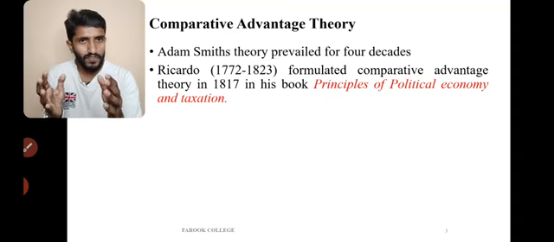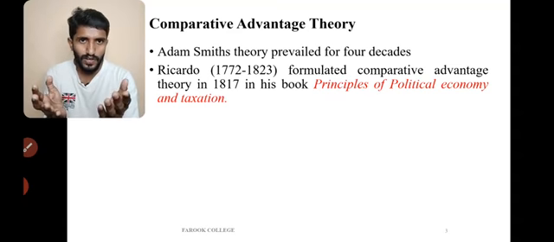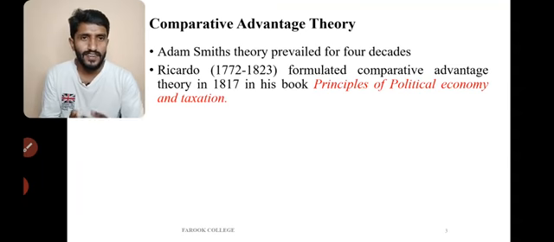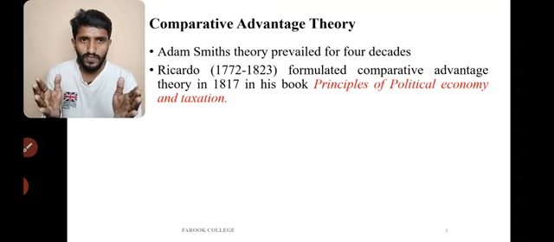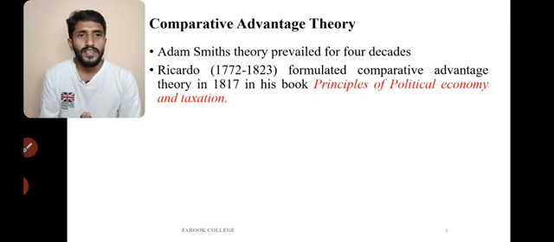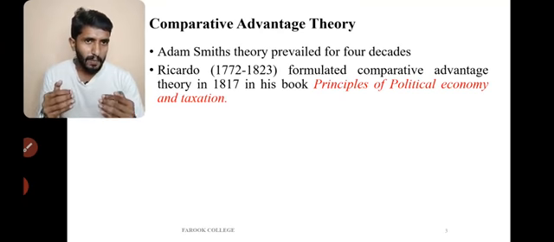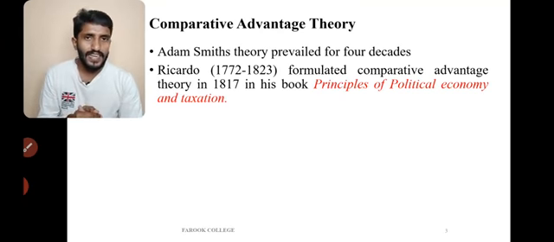Then after that, Ricardo came up with comparative advantage theory. Ricardo was born in 1772 and his span was 1772 to 1823. He formulated comparative advantage theory in 1817 in his book Principles of Political Economy and Taxation.